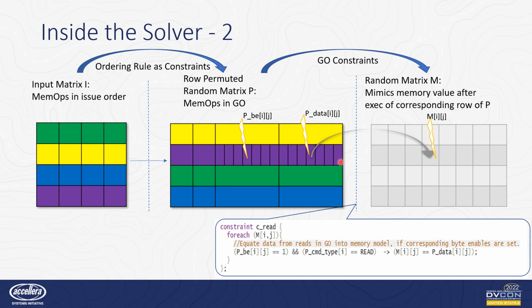Because you can think that if row i is a read preceded by row i minus 1, which is a write with byte enable holes, then row i, which is a read, will not get the write data for all the bytes from row i minus 1, because row i minus 1 has writes with byte enable holes. So how do we write constraints to make sure the rows of P are in global order in the presence of writes with byte enable holes?